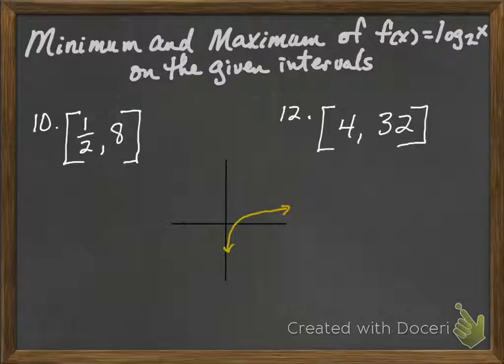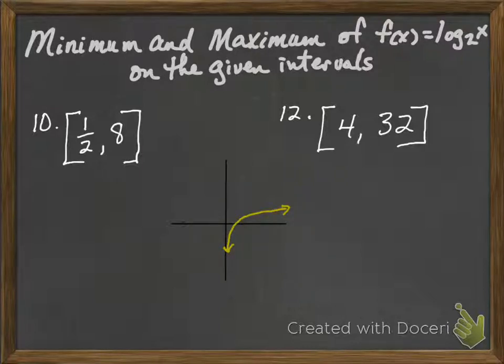So remember, we are looking somewhere around here to somewhere out here. Okay, and that graph goes in one direction, right? So it doesn't change. So we can look on the ends and find our minimum and maximums.